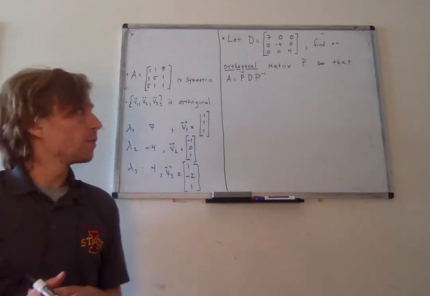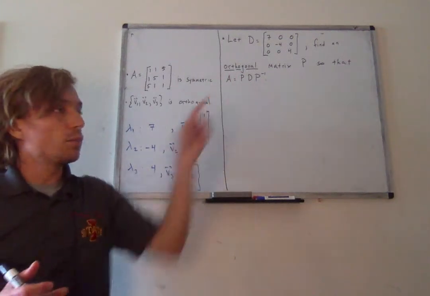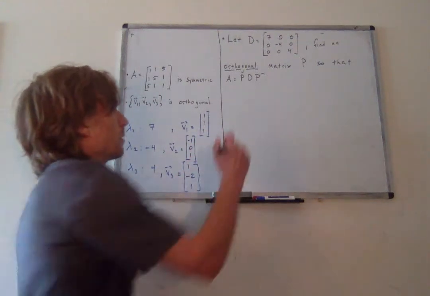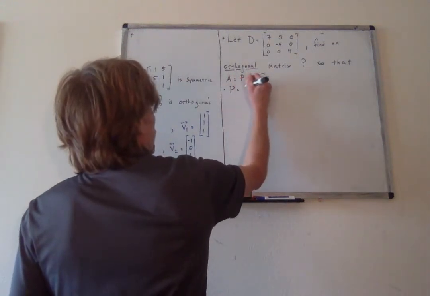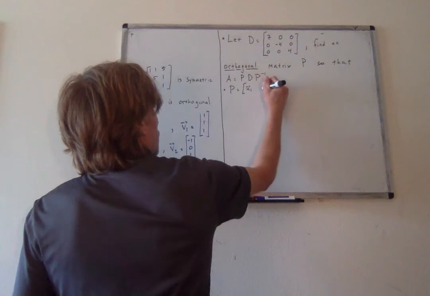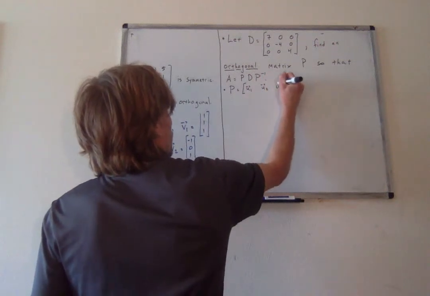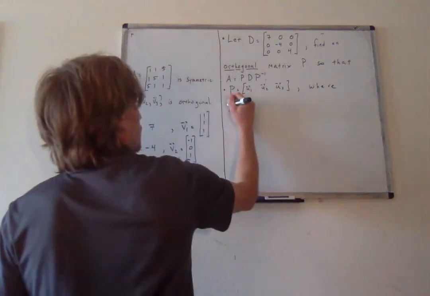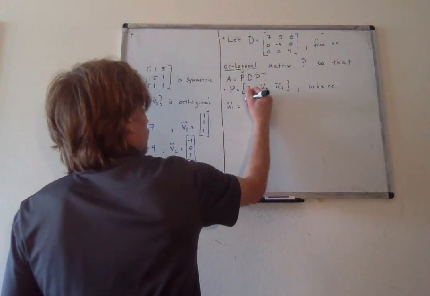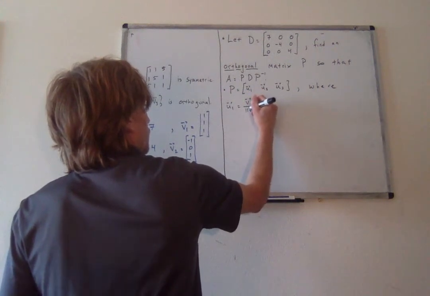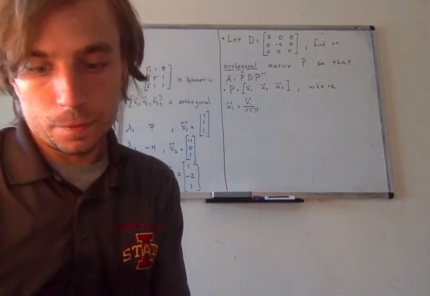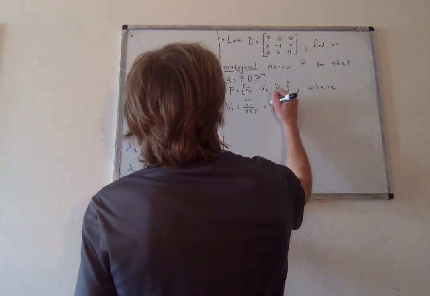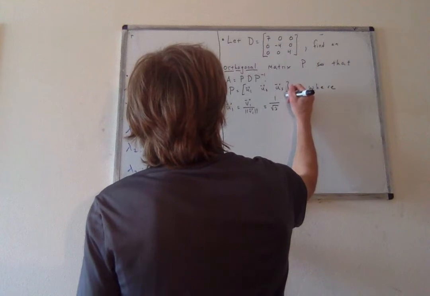So if I want to find an orthogonal matrix P that performs this similarity transformation, all I need to do is normalize each of these eigenvectors. So we're going to let P be the matrix U1, U2, U3, where U1 is the normalized vector V1, which is equal to 1 over the square root of 3 times V1.